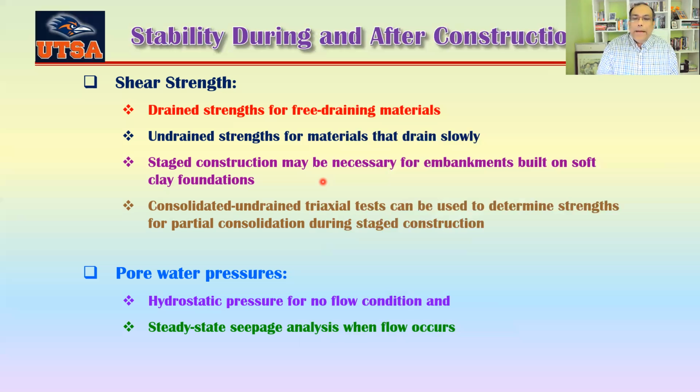Okay. Now, pore water pressure. How do you measure the pore water pressure for short-term stability? That depends, again, on what type of soil you are talking about. If you think that during the construction period steady state seepage flow has been achieved, then you use the pore water pressure from the seepage analysis.